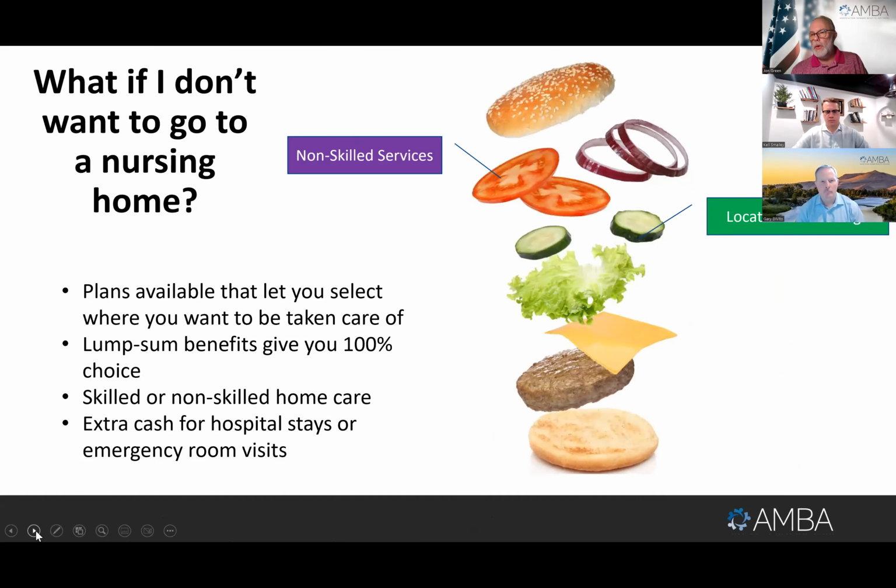But what if I don't want to go to a nursing home? We tried to keep my father at home as long as possible. He was still able to do for himself as much as he could. My stepmother still worked, and he got to the point to where he was at risk to himself of falling, wandering off, or some nights he would get up in the middle of the night and magically try to be an electrician.